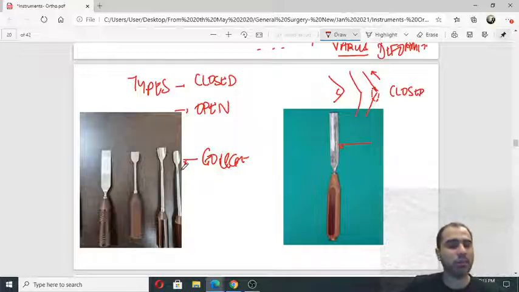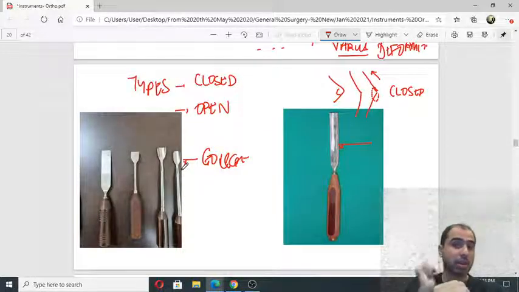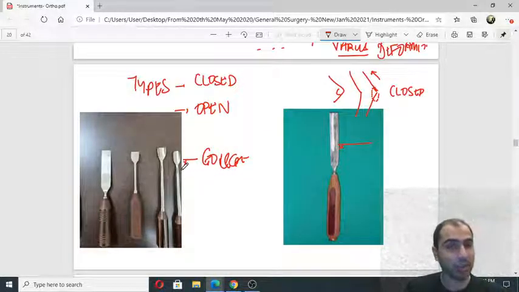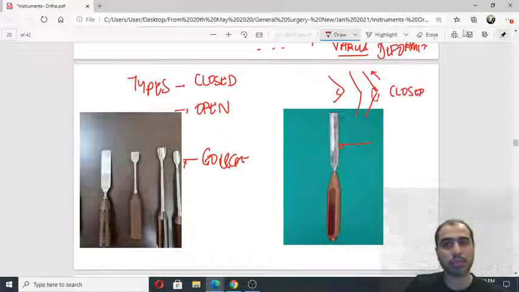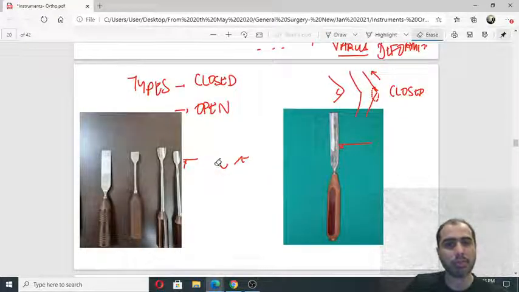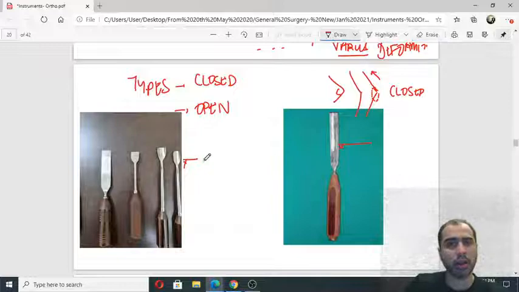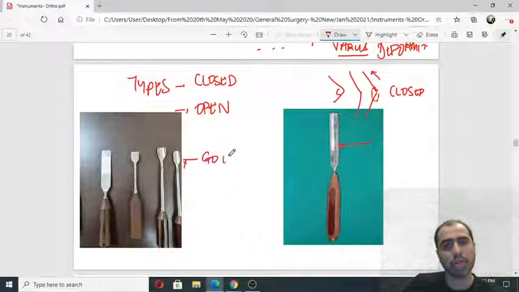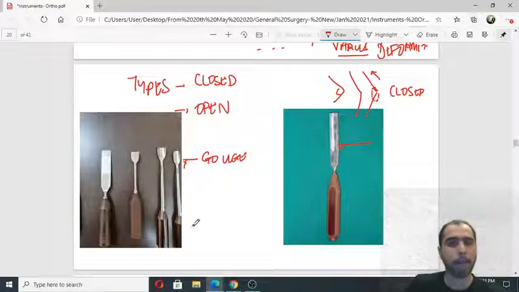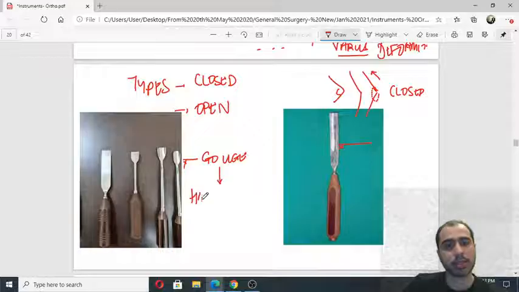Yeah. What is the role? Where do I use bone gouge? Again, it is used with a hammer. So where do I use bone gouge? Gouge is like a cup. Where do I use the gouge? It is used to harvest bone graft.